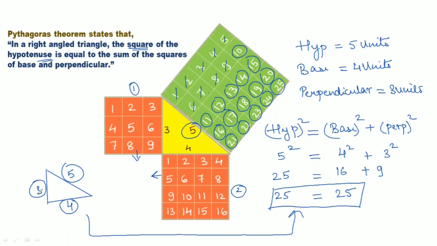That is, the sum of the squares of the other two sides is exactly equal to the hypotenuse square, that is the longest side. And if it holds true, meaning LHS and RHS are equal, then conversely we can say that this is a right angle triangle.